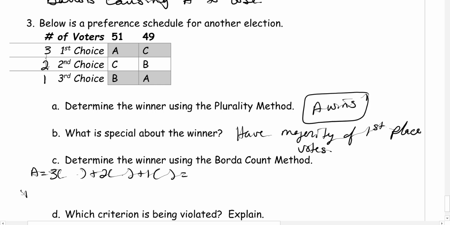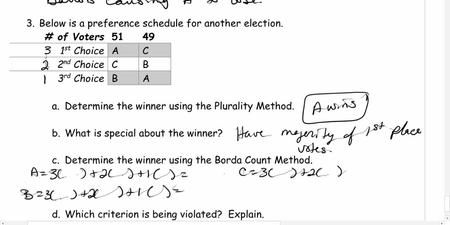Do the same thing for B. 3 times plus 2 times plus 1 times. And then candidate C, do the same thing. And then fill them in and do the calculations.